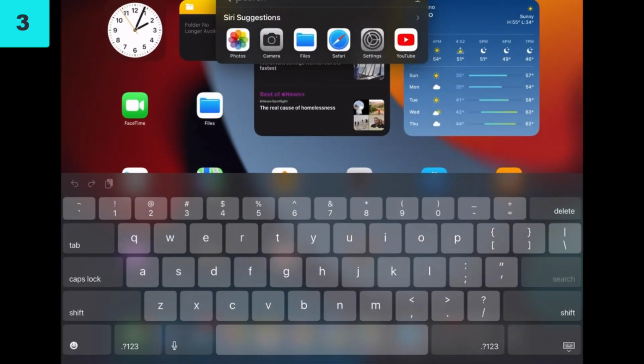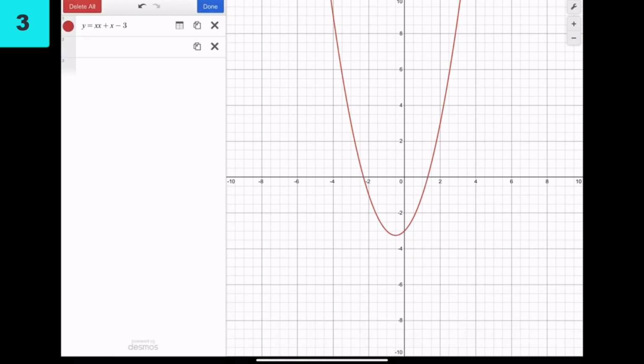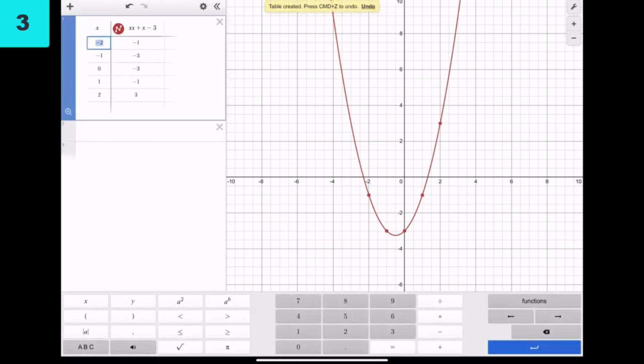Put that into Desmos. Let me put in the function. Y equals x squared plus x minus 3. And then I click on the gear and then I want a table of values. So those are the numbers that I want to fill out.